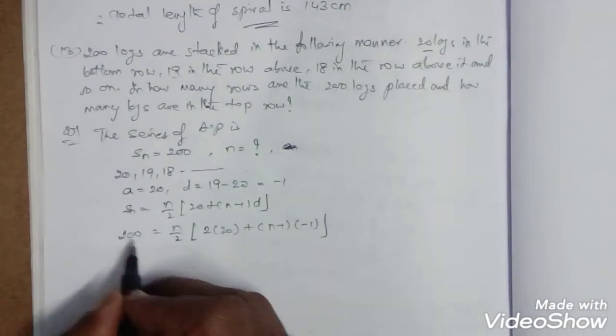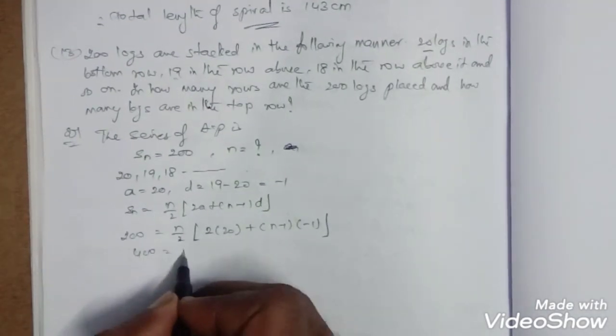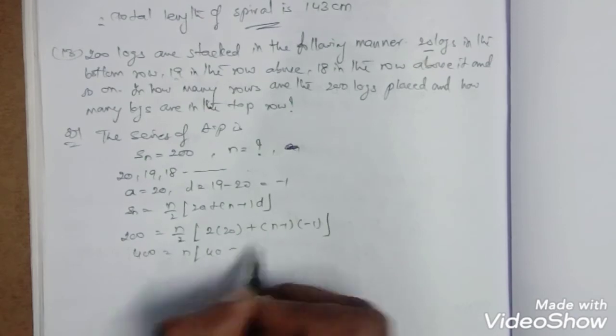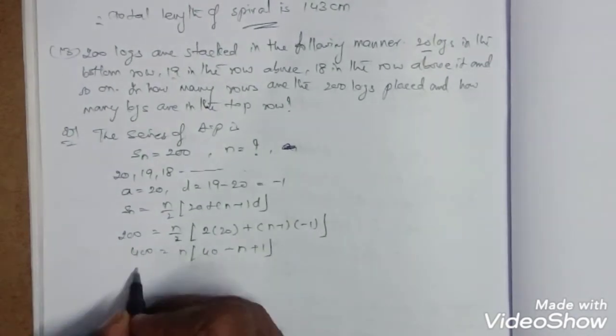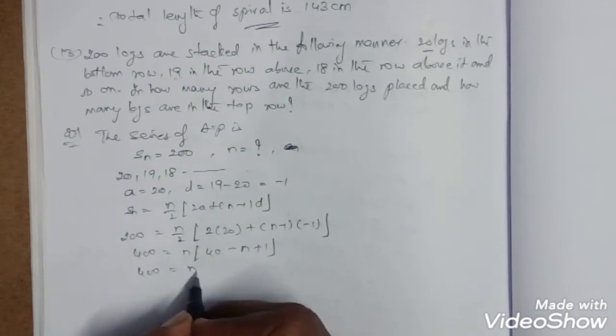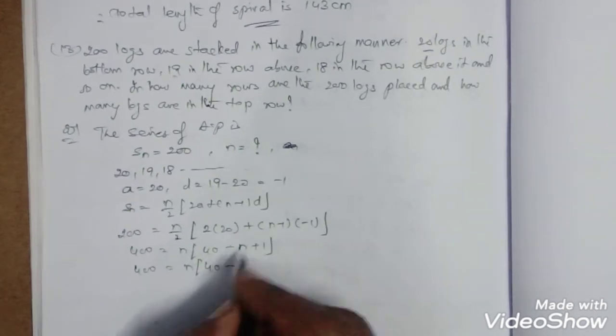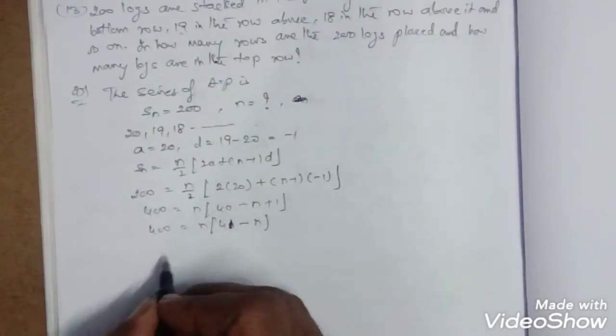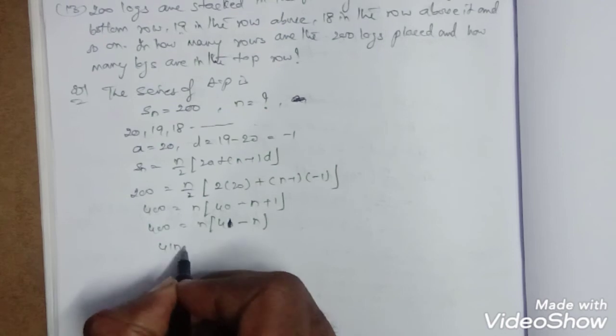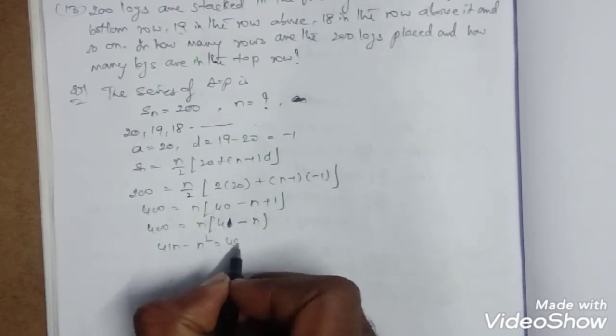Now multiply this by 2, you will get 400 is equal to n into 40 plus minus n plus 1, right? You will get 400 is equal to n into 41 minus n. Now multiply this n inside, you will get 41n minus n square is equal to 400.